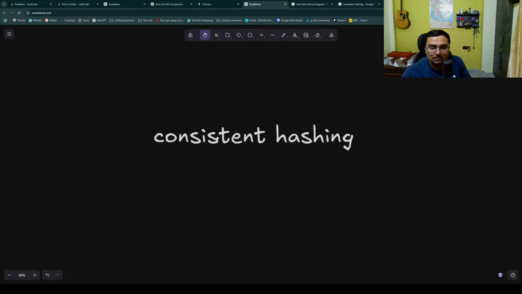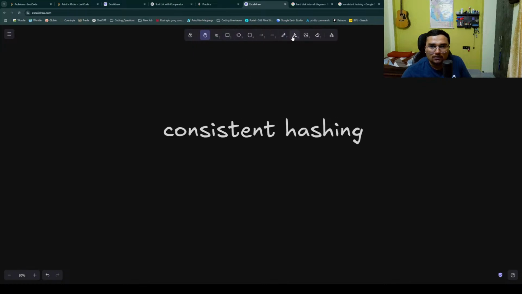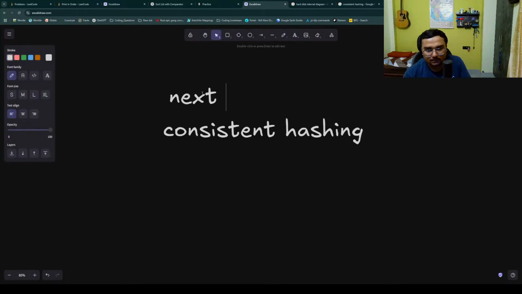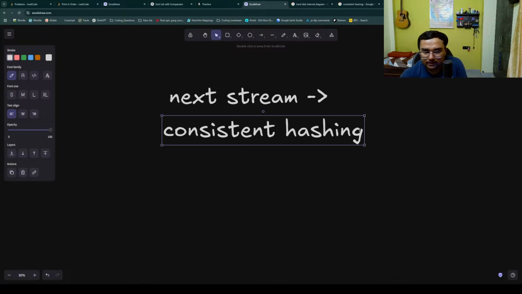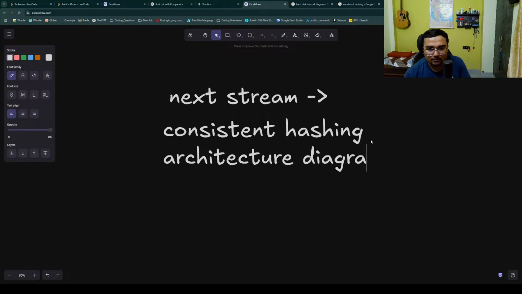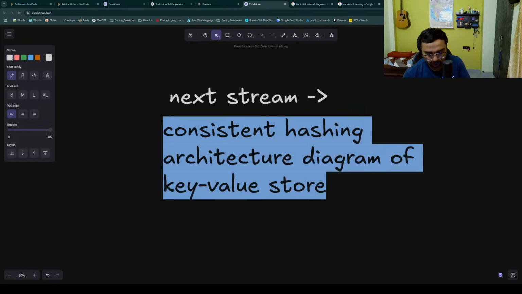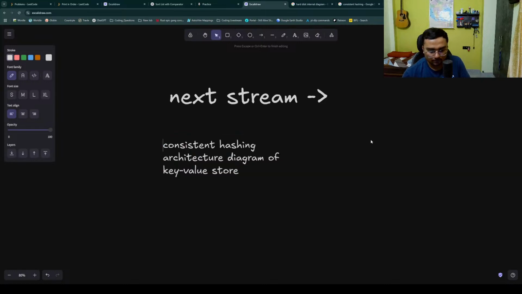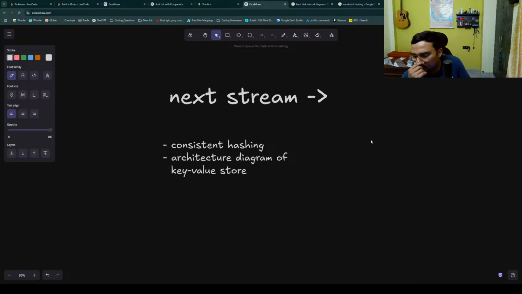And then the architecture diagram of the key-value store. Yeah, that's what we will discuss.